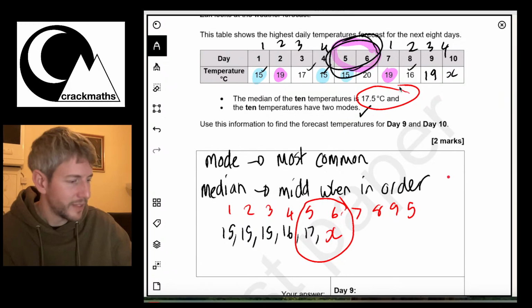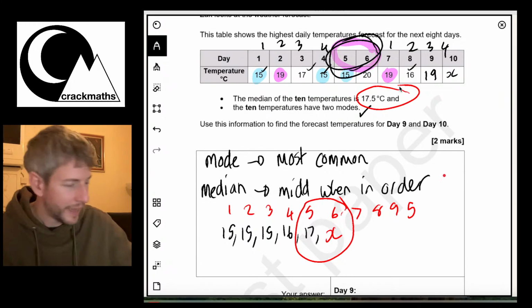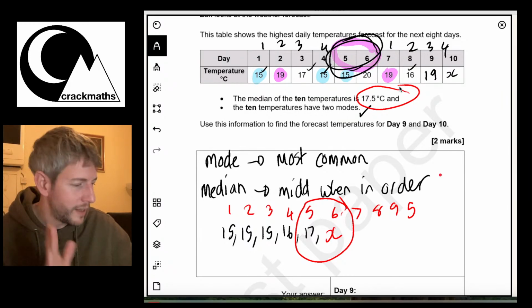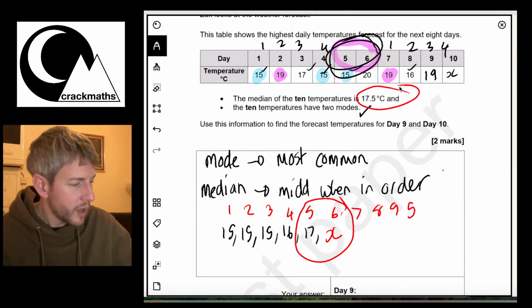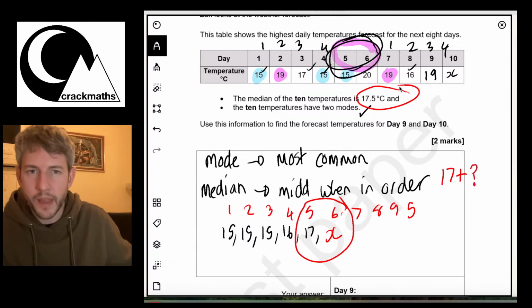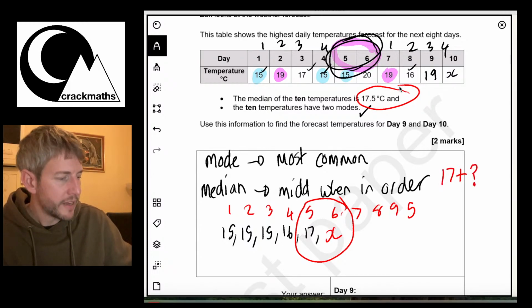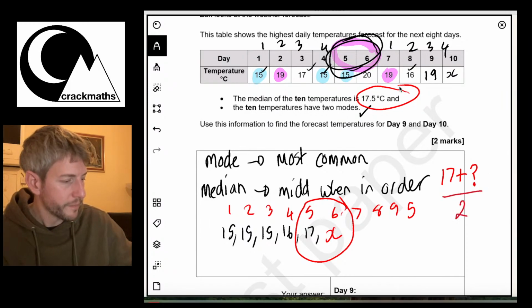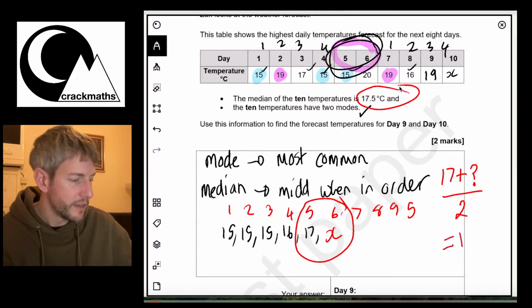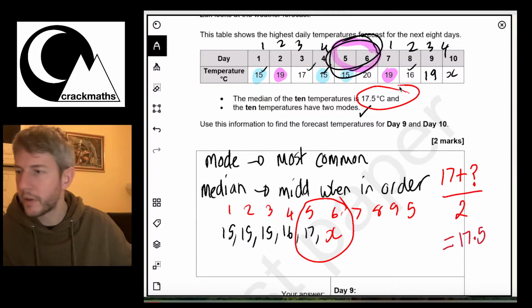Which means that, this is going to look confusing, it's going to look like algebra, but just bear with me. So I've got 17, add this extra number. Okay, I'm going to use a question mark because people often find that less intimidating. 17 plus the extra number divided by 2 has to have the median of 17.5.